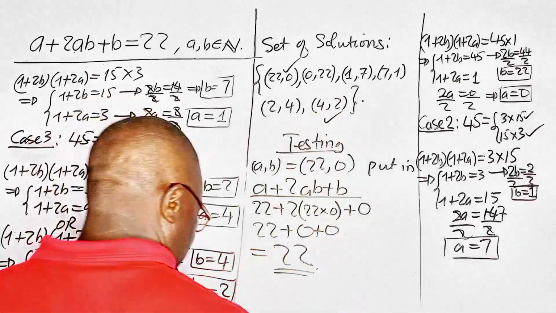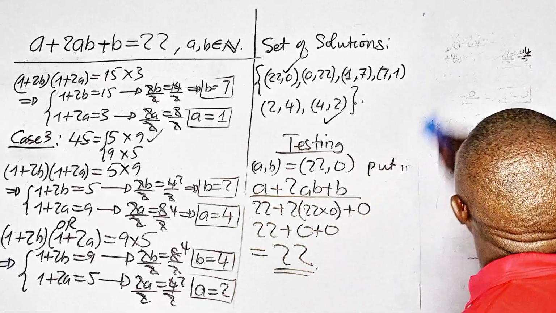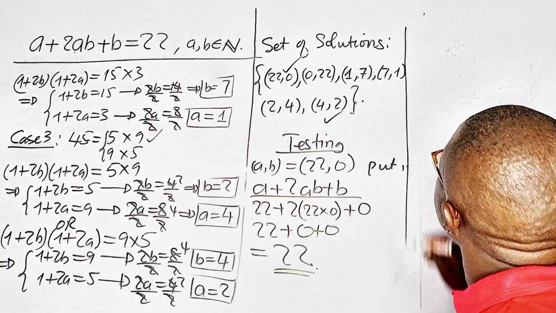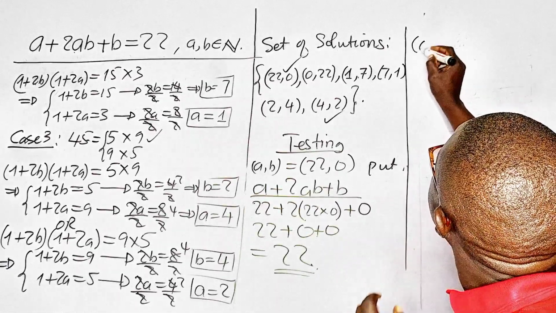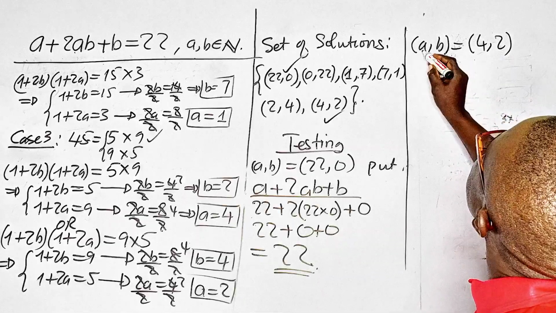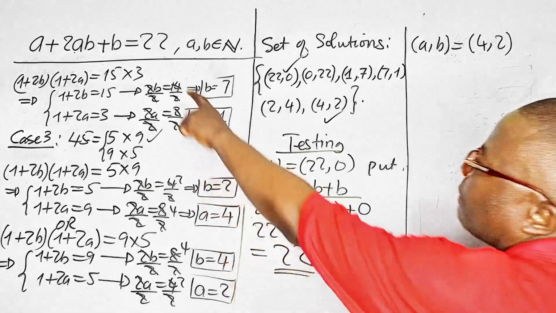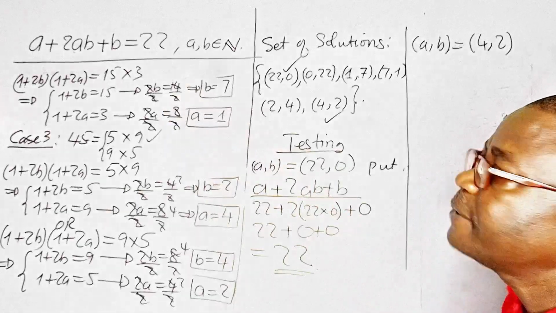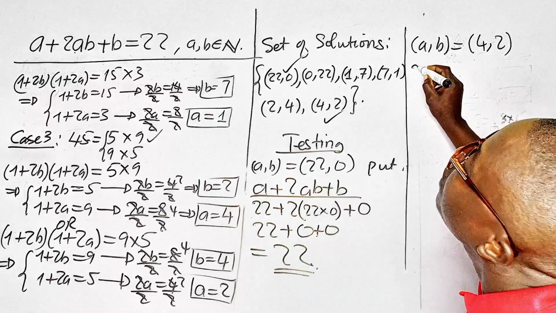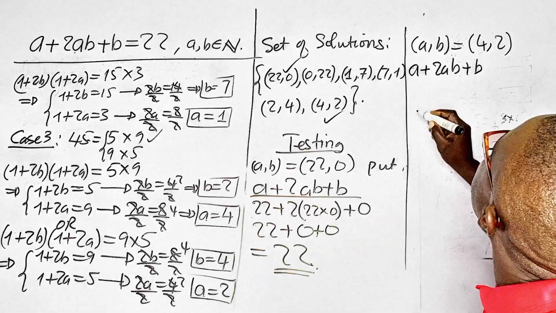Now what about this other one? 4, 2 or 2, 4. So here we're saying a, b is 4, 2. That means a is 4, b is 2. Let's put it in the left hand side expression and see if we'll get the result of the right hand side. So we'll put in a plus 2ab plus b.